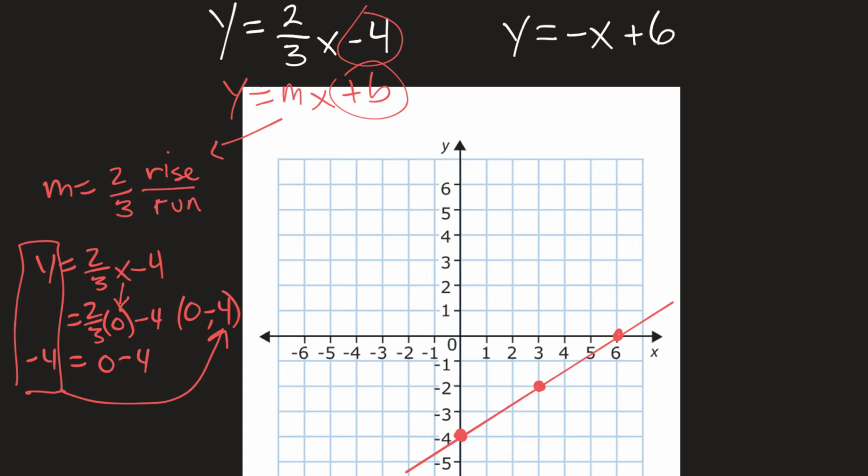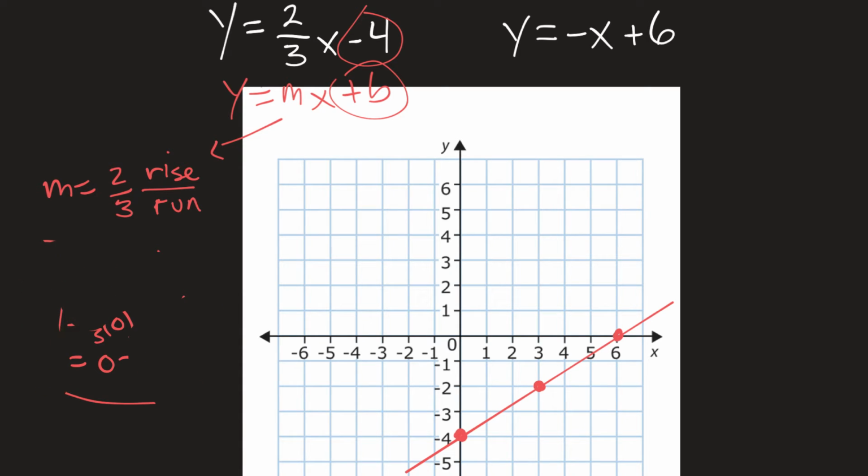And then I can go on with maybe this other point. I'm going to erase this stuff here, and I'll show you another solution, because how many solutions are there? There's an infinite number of solutions here. To write down that equation again, y equals 2/3 x minus 4, I can choose that point right there. The location of that point is 3, -2. So 3 on the x, -2 on the y.